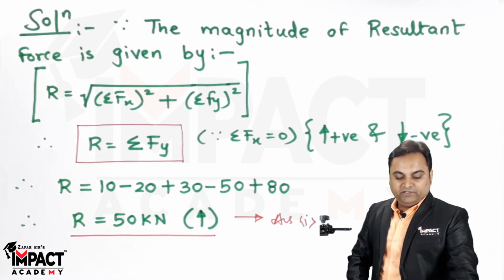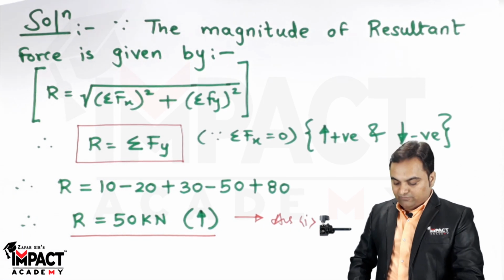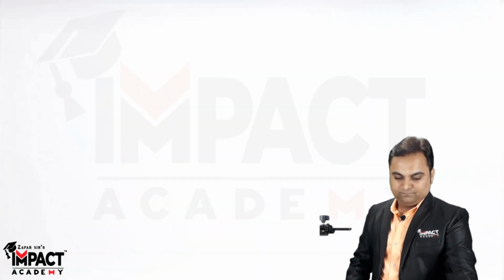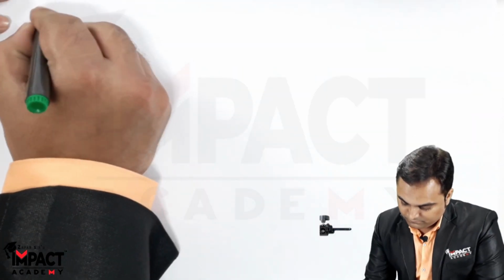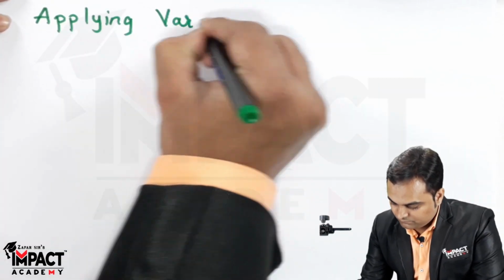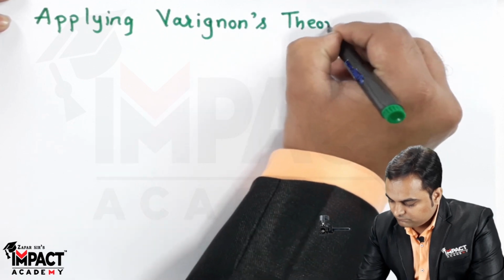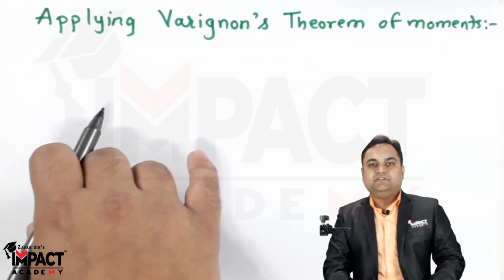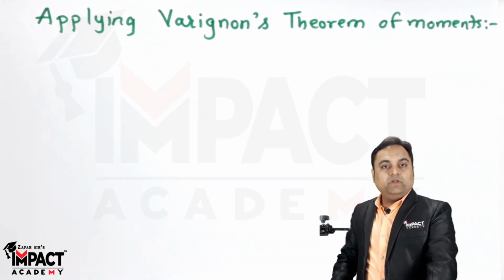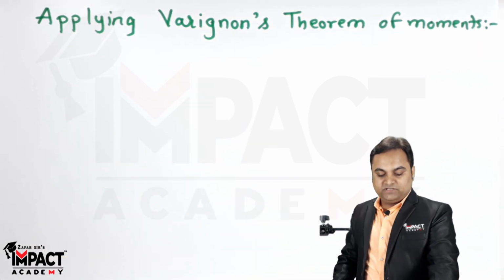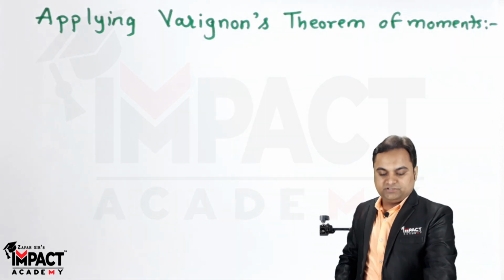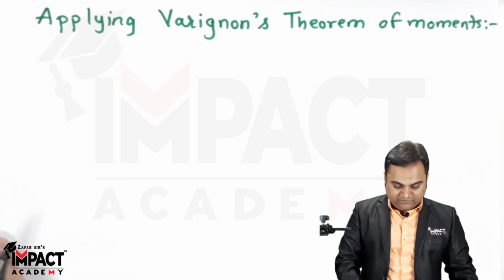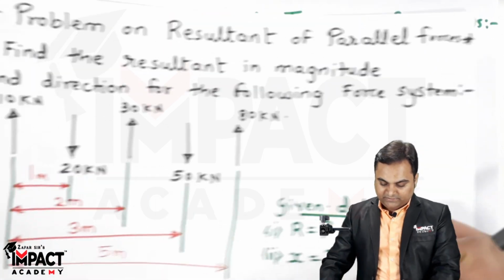After this, we have to find the location of the resultant. For that, I would be using Varignon's theorem of moments, which says that when we take the addition of moments of all the forces about any single point, that is equal to the moment of the resultant.